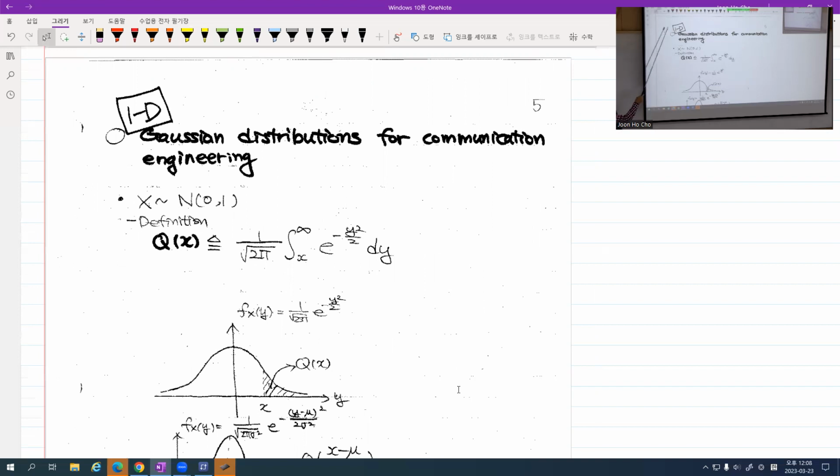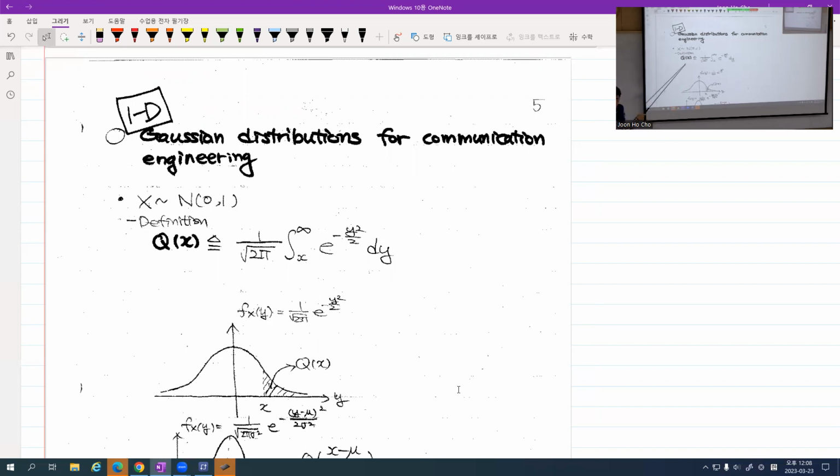First, 1D. What does that mean? You have a real Gaussian random variable. And here, this is called the Q function. That is the right tail probability of a standard Gaussian random variable. From this, any right tail or left tail, any CDF or complementary CDF of a Gaussian random variable with arbitrary mean and variance can be derived.